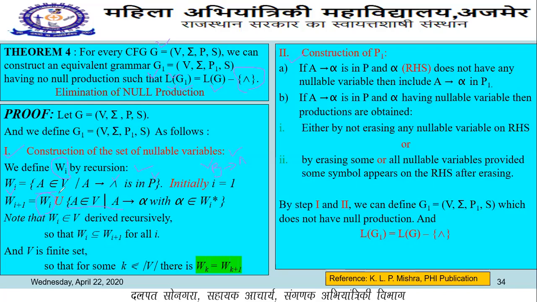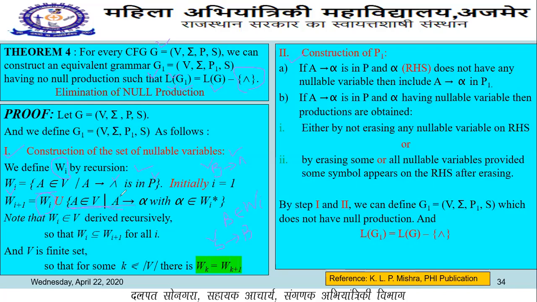using the previously calculated set of nullable variables. It means in this case, suppose B belongs to Wi, and if there is a variable S which derives B, then we include this S in this set.